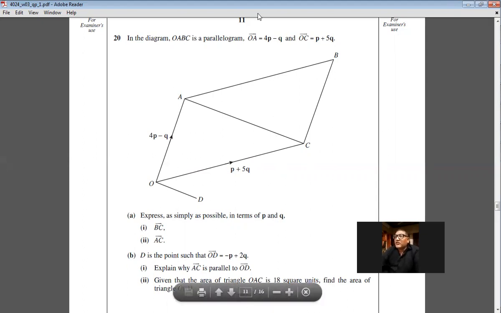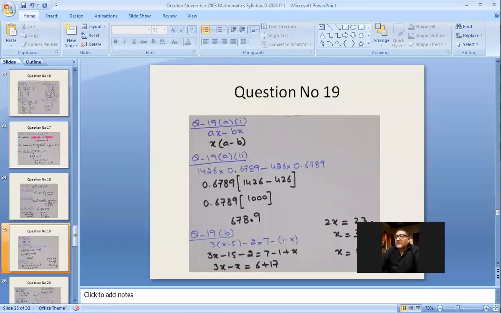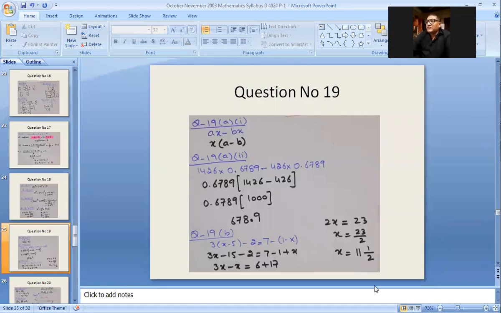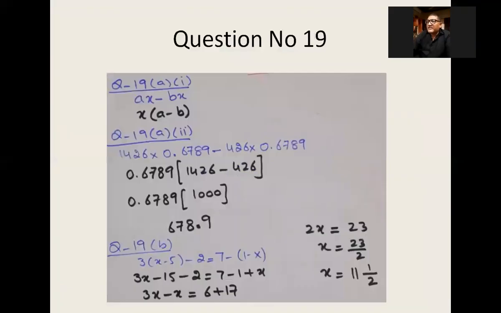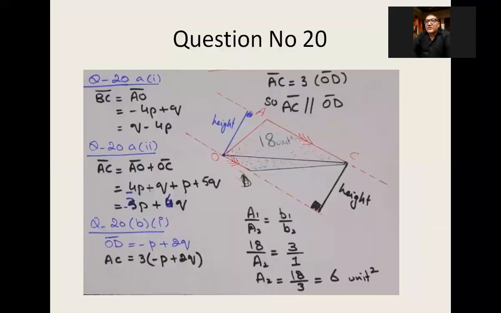Let me show you my work. I've done this on paper. BC is like AO, and that will be minus 4P plus Q, so you can write it as Q minus 4P. The next question is AC.